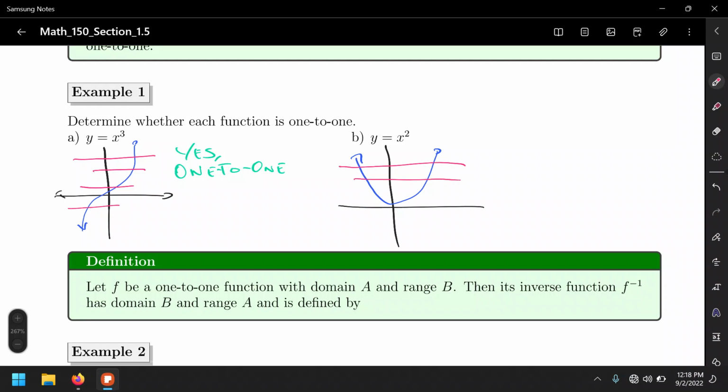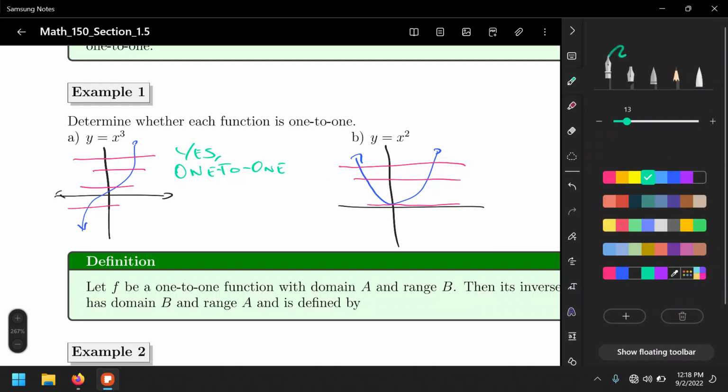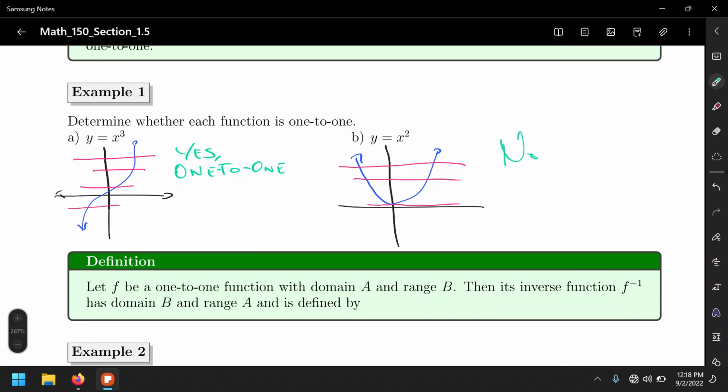Even though we could argue that at the vertex it crosses only once, and I would agree with that, there are other places on the graph of this parabola where the horizontal line will cross more than once, and for that reason, it's not one-to-one.